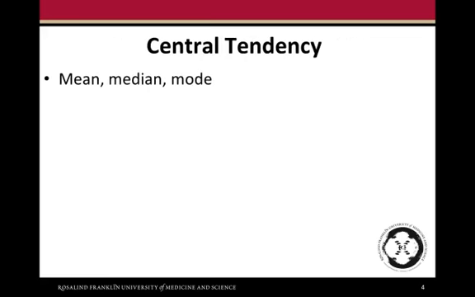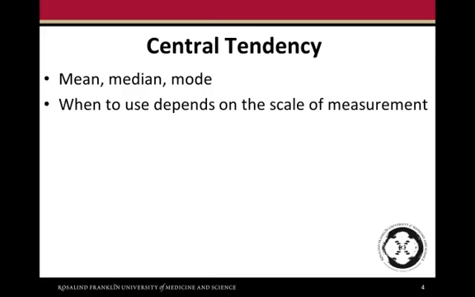Your textbook goes into measurements of mean, median, and mode, and these are very common, so I'm not going to spend time on them here. But when you use these different measurements, so the mean, median, mode, will really depend on the scale of measurement that was covered in an earlier module.